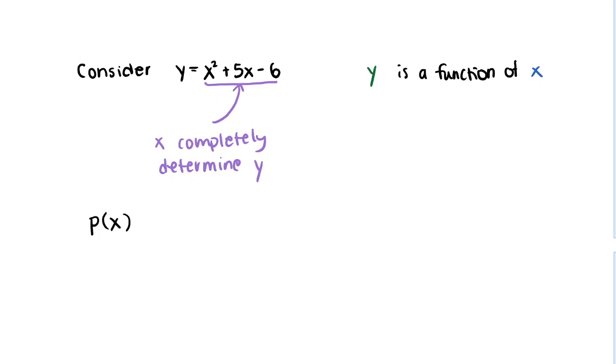So here I'm going to say p, this is usually read as p of x. And so the thing I want to point out is that p is here to represent the name of our function. And then this parentheses x is here to represent the input of our function. Very importantly, not multiplication.